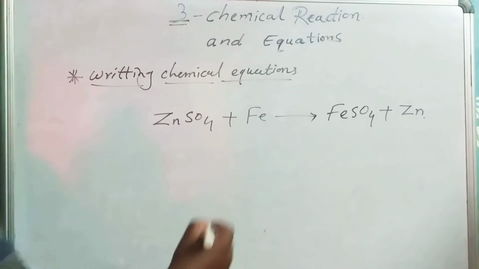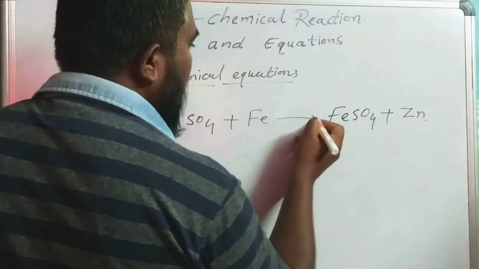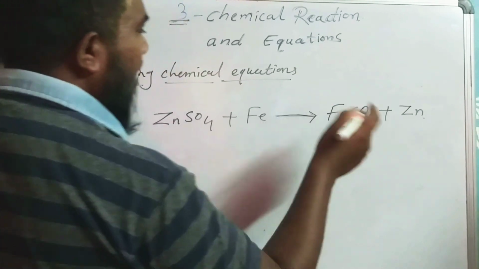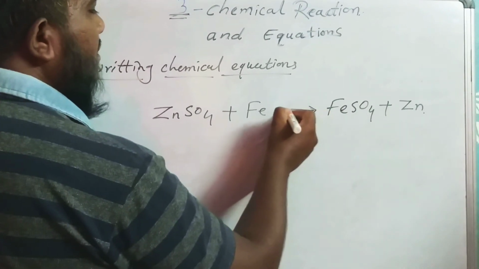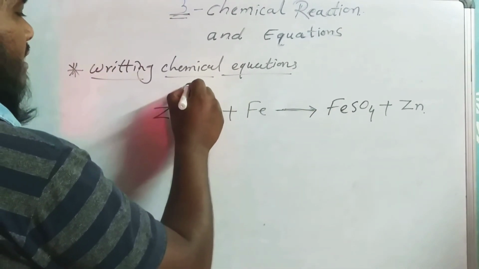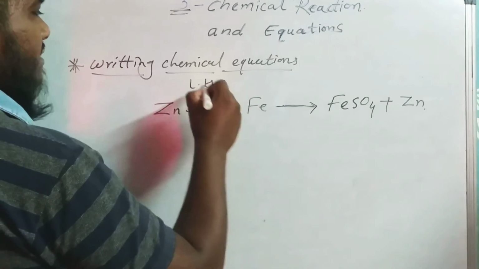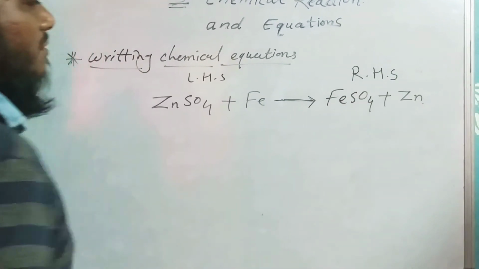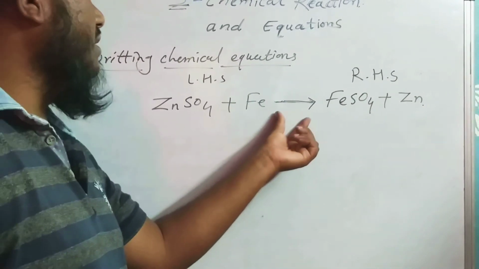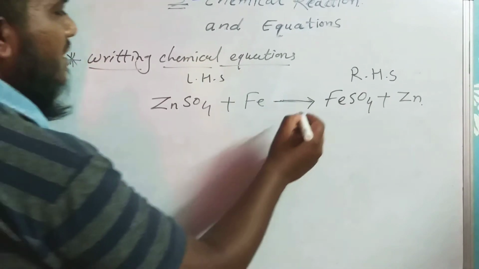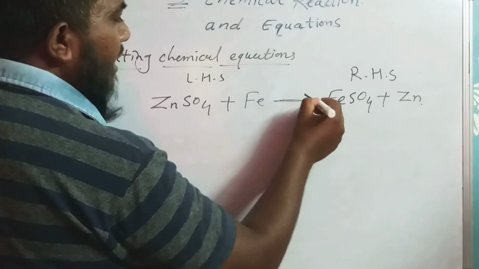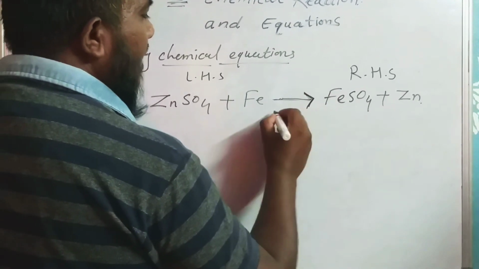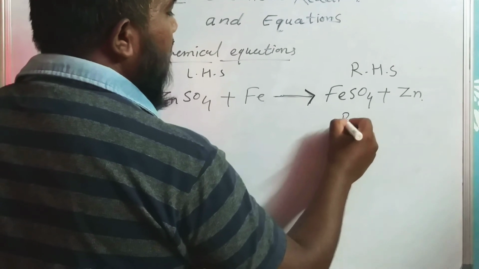First of all, understand that the middle arrow makes two parts of this equation, the left hand side (LHS) and the right hand side (RHS). Keep in mind, the arrow is in the middle. The head of the arrow is always towards the product.